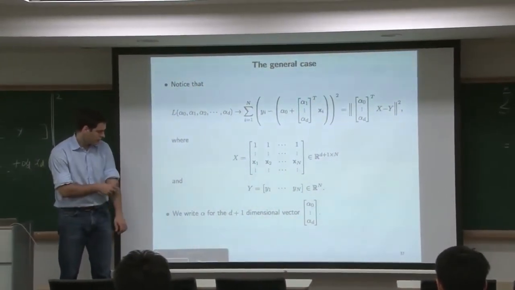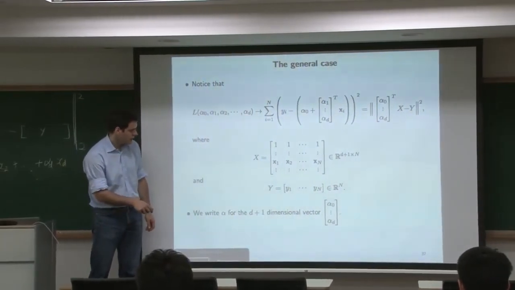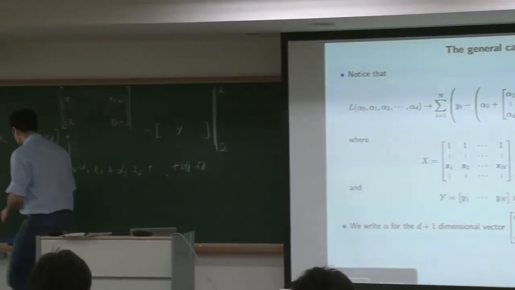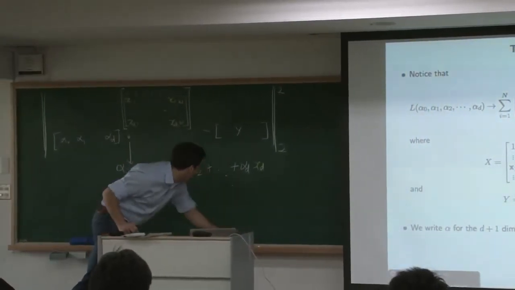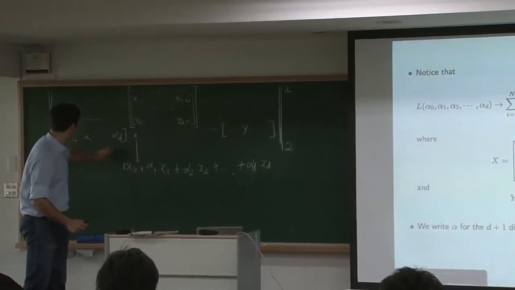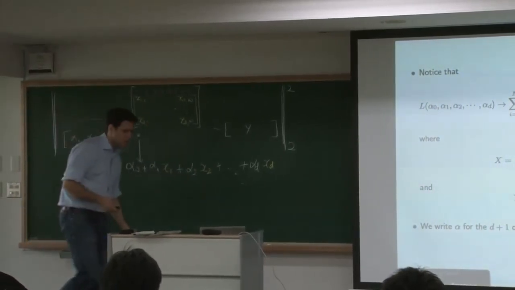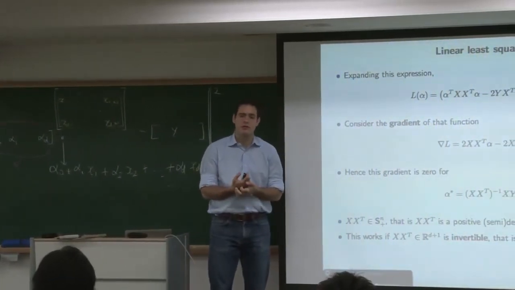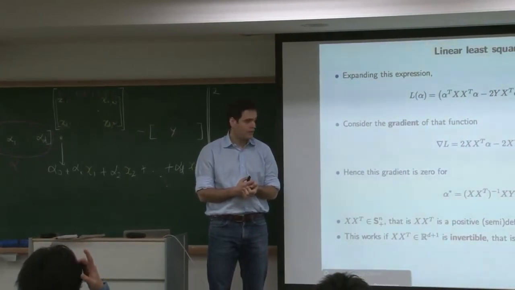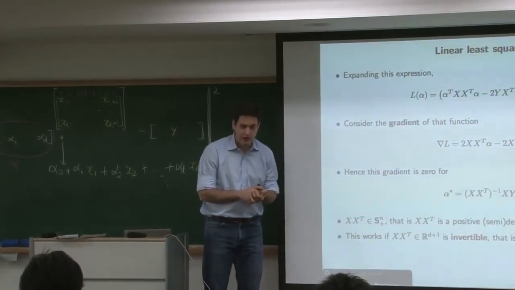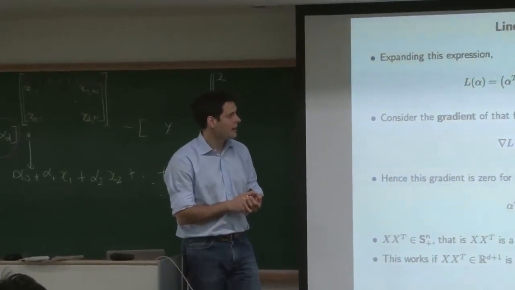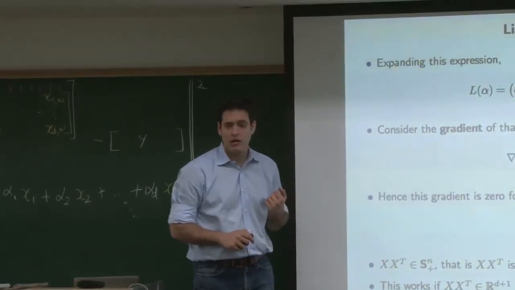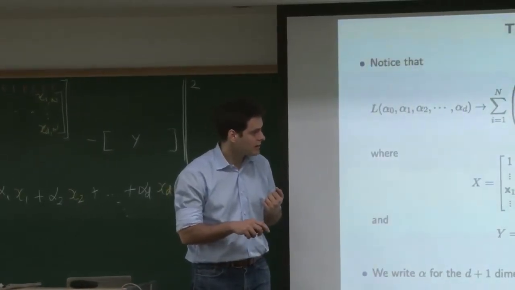So let's write alpha now for this d plus 1 dimensional vector here. So this is going to be our alpha. If we use just differential calculus but with vectors instead of just univariate real variables, then we can again define the criterion as a function of alpha as this expression here.